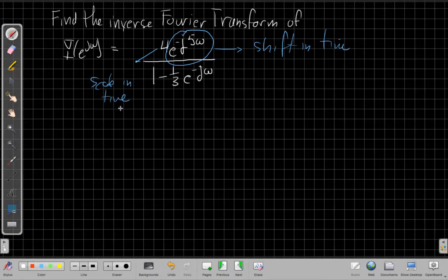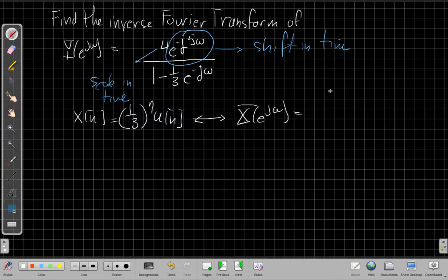Using those properties we saw just a minute ago, x of n is 1/3 to the n u of n, and that gave us X of e to the j omega just like this, except the numerator was 1.